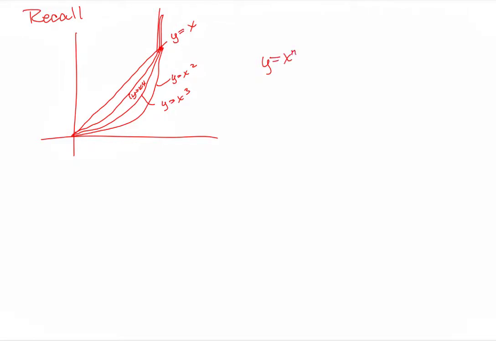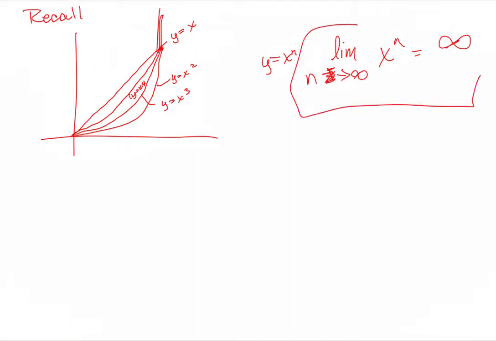If I look at the limit as x goes to infinity of x to the n, this goes to infinity. Okay? Would everybody agree with that? That this thing right here is going to go to infinity, right? Because this is a polynomial and it's going to blow up.